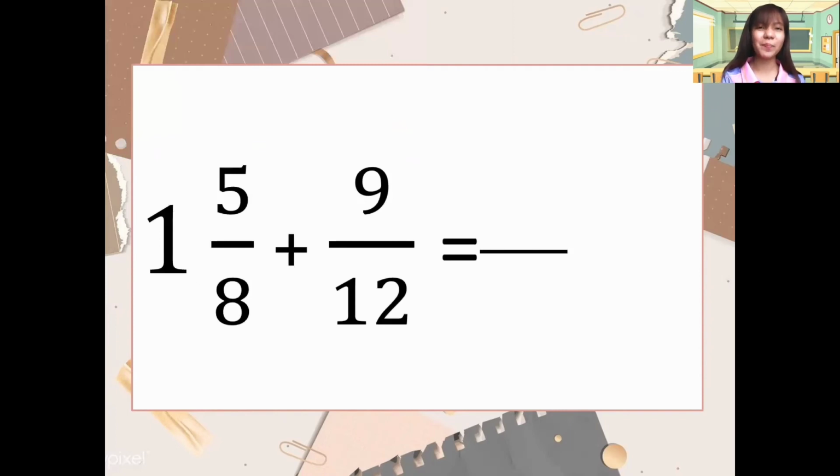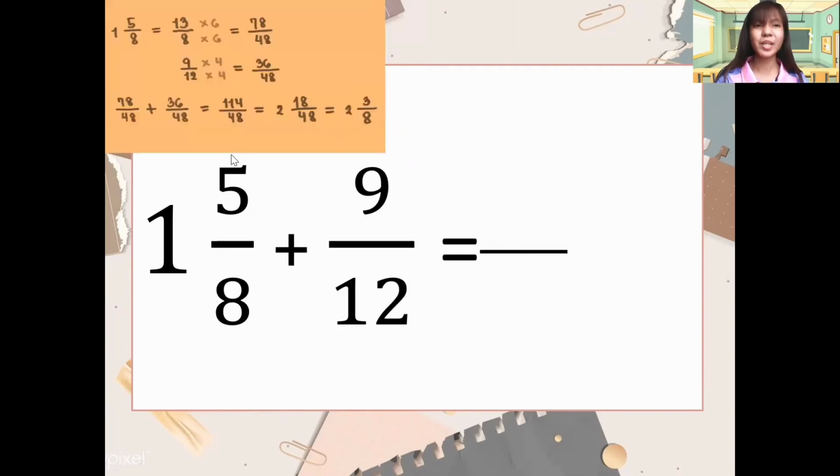Okay, next. We have here 1 and 5 over 8. So we have now a different given number. It's a mixed number and then a fraction. Now, the first thing to do is to make this mixed number into an improper fraction, just like this one.